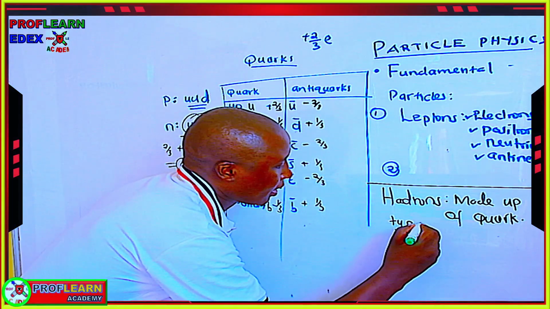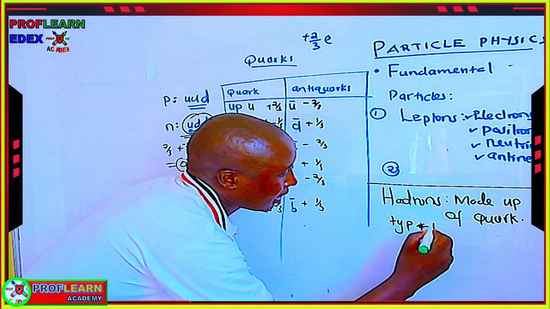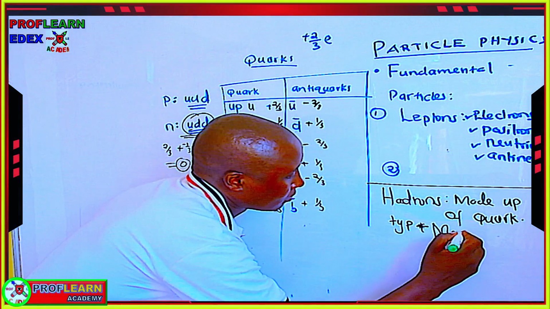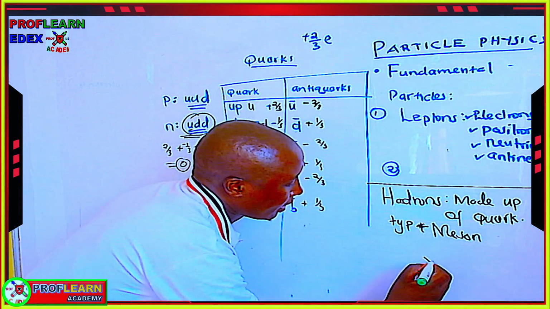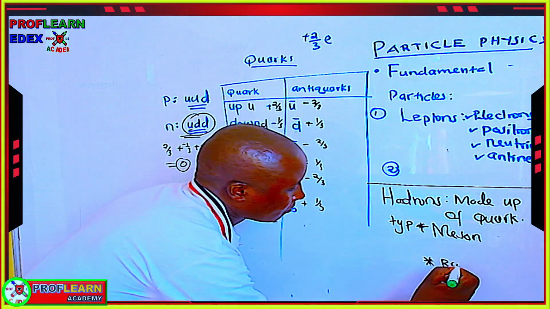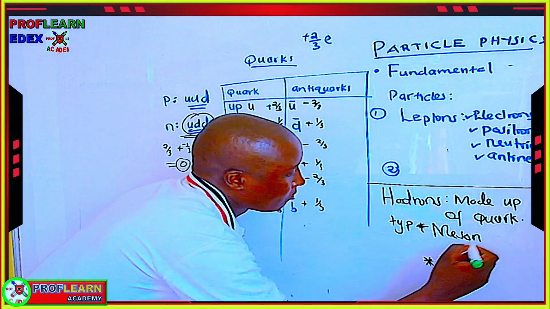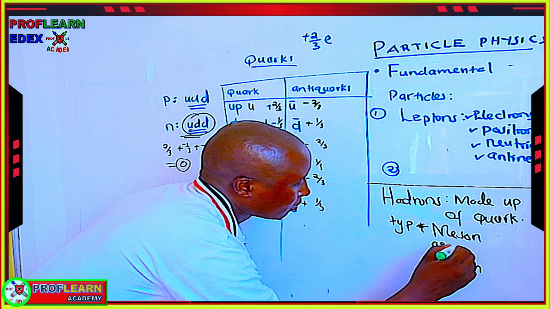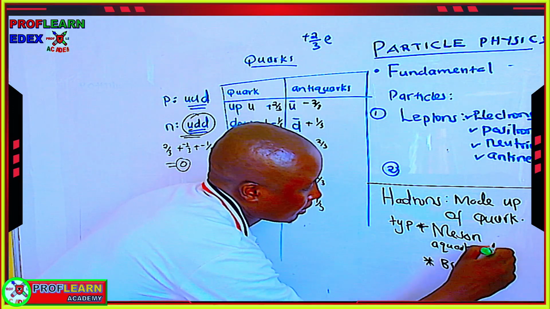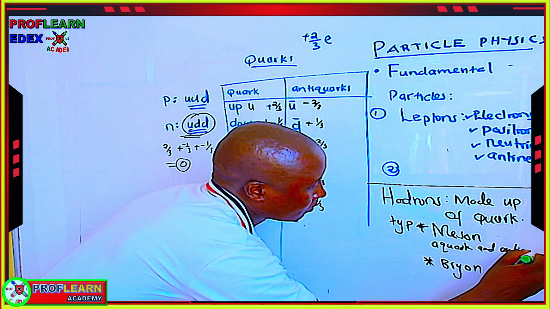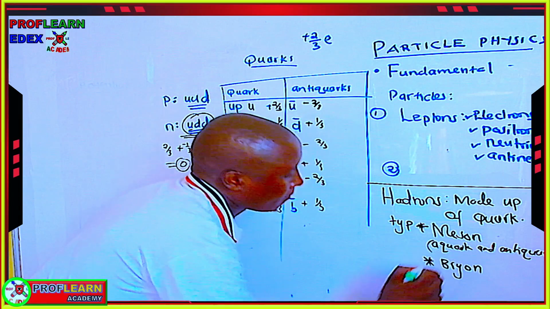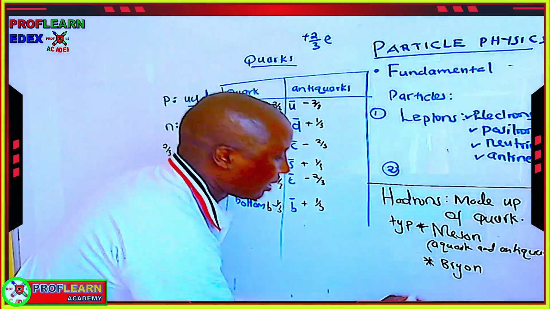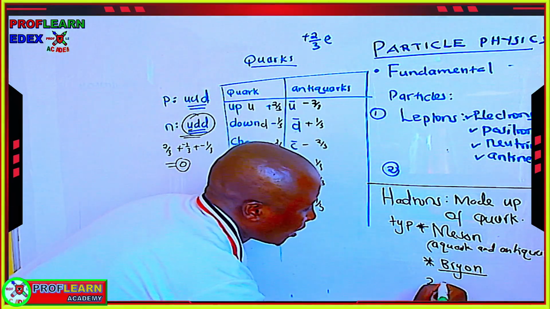The first type is a meson, and we have a baryon. A meson is made up of a quark and antiquark, and a baryon is made of 3 quarks.